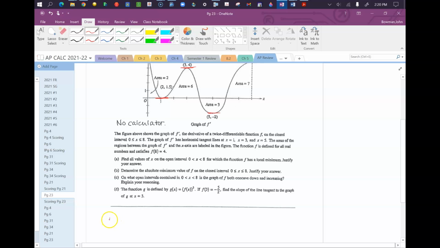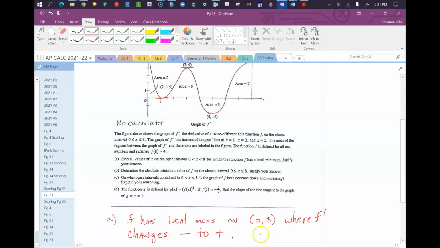Justify your answer. All right, so it would go something like this. F has local minimums on 0 to 8 where f prime changes negative to positive.